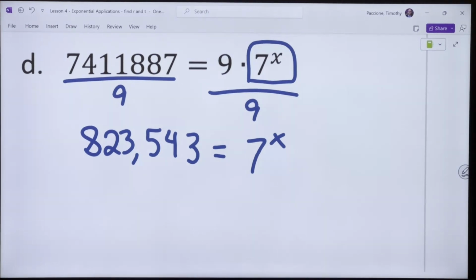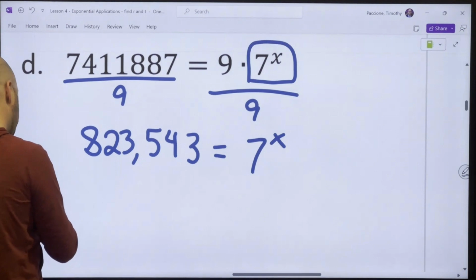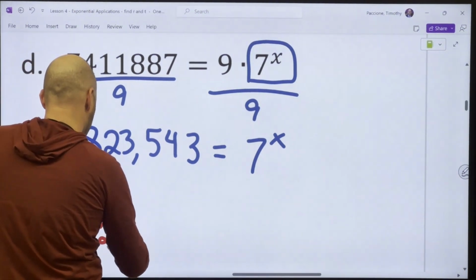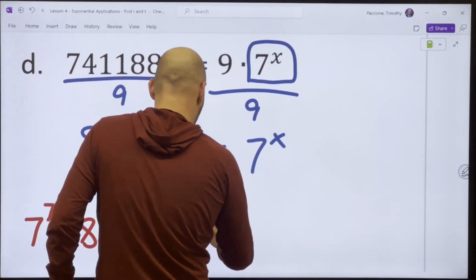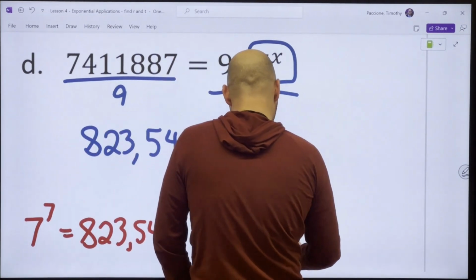But I'll go like 7 to the something big, and then I'll keep going up until I get it. And when I do that, I find out that 7 to the 7th is exactly the 823. Good job. Good instincts. So, ready for therefore? Therefore, x equals 7.